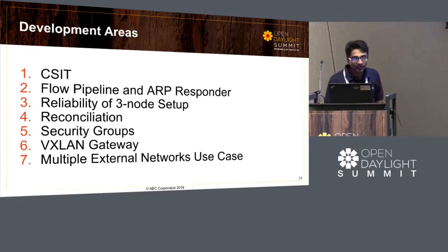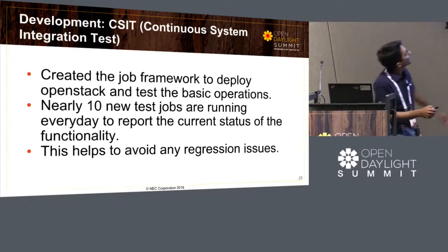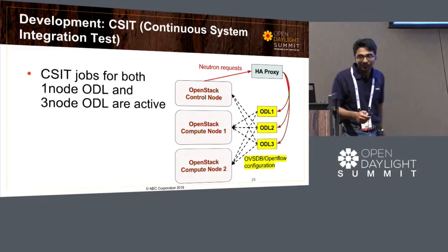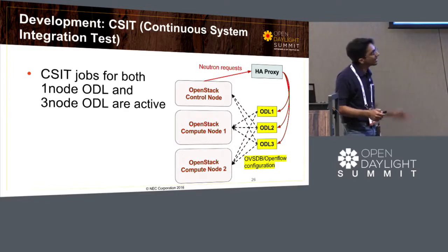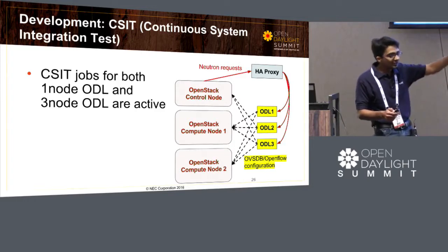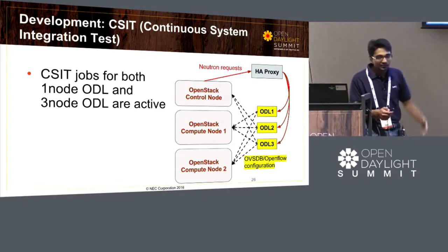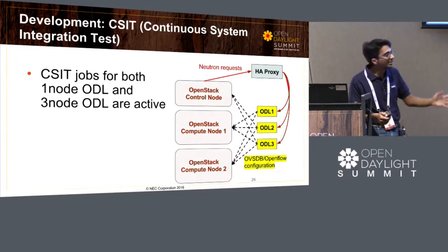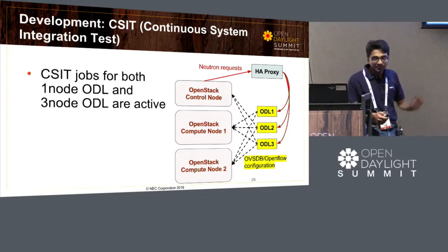What we did is we created multiple OpenStack jobs. There was no OpenStack job in the ODL Jenkins environment, so we created an OpenStack deploy job. This deploys multiple OpenStack nodes and also multiple ODL nodes, and the features that we require are tested every day. This helps us avoid regression bugs and keep the quality of the code. So we started with this activity.